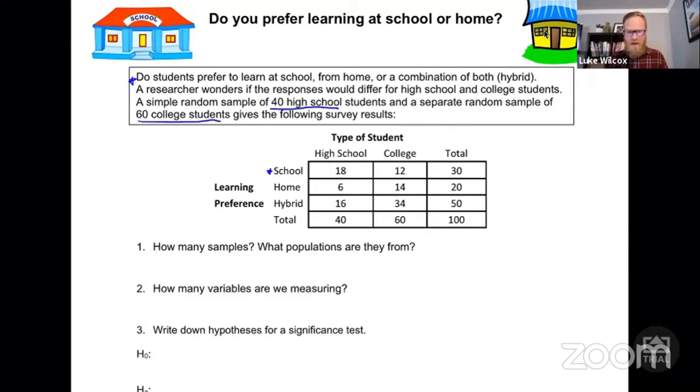And so I do have, I would say, some evidence that the distribution of learning preference is going to be different between these 2 types of students, high school students and college students. We do have some evidence. The question is whether that could have happened purely by chance because these were just a couple of random samples. And of course, this is why we need a significance test to be able to answer that question.